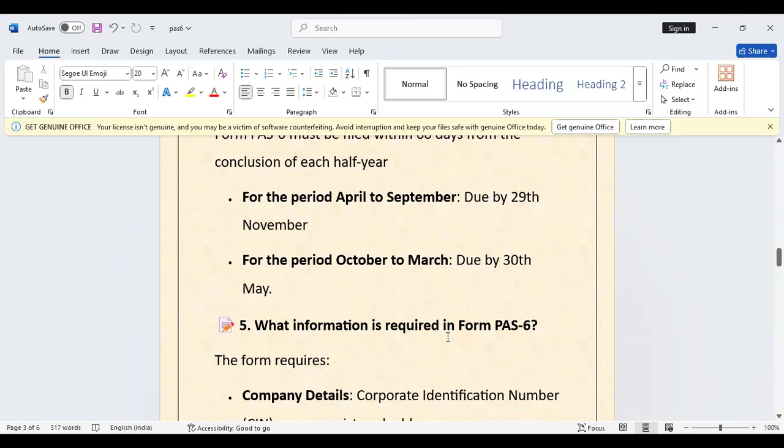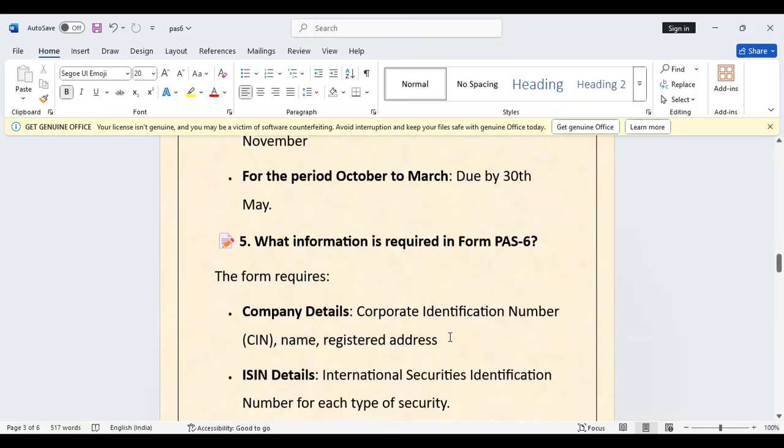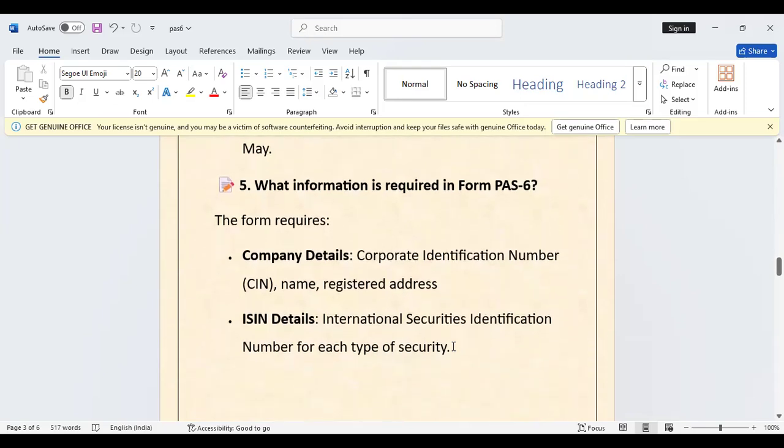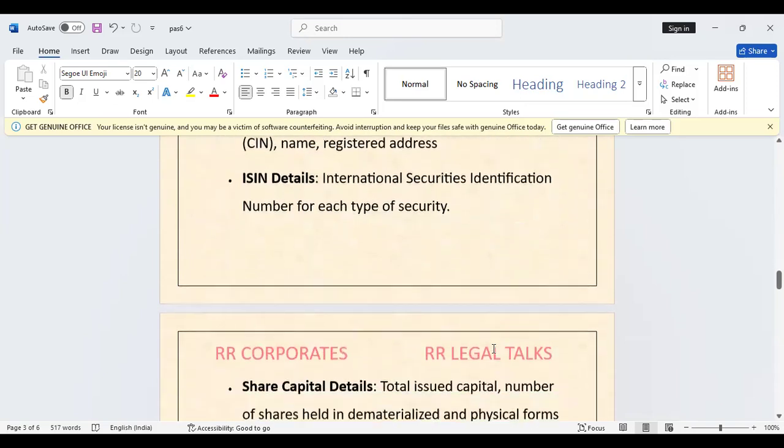So what information is required in Form PAS-6? Company details, like company name, CIN number, registered office address. It is pre-filled: once you enter the CIN number or company name, the registered office address will get pre-filled. Then ISIN details are important. ISIN stands for International Securities Identification Number for each type of security.